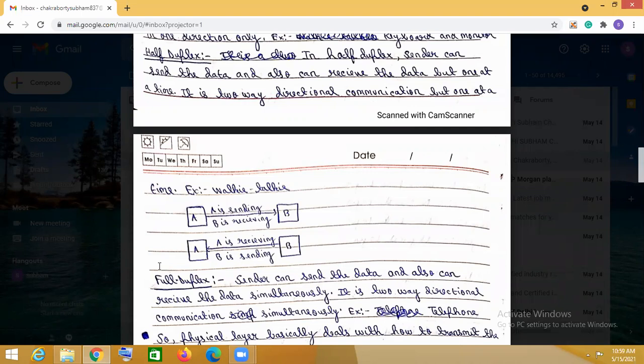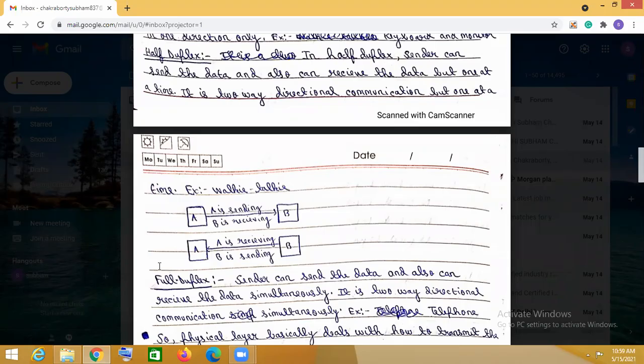You can see what type of transmission media, how the data should be encoded, the data rate, the number of bits that can be sent per second, synchronization of the bits, line configuration, which topology should be used for communication, and what type of transmission mode should be used.